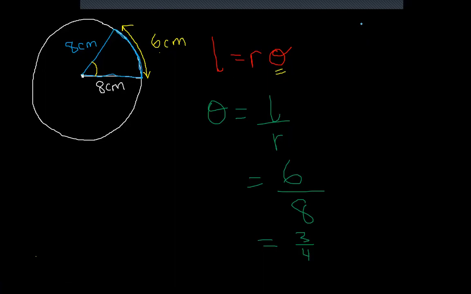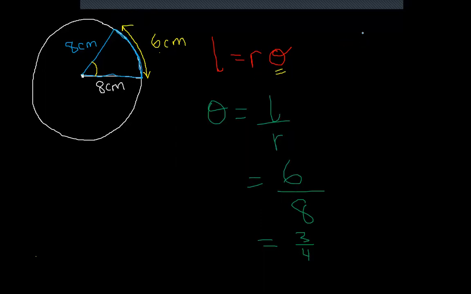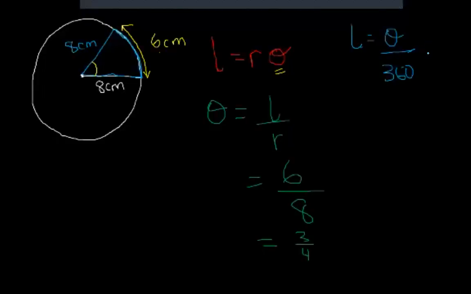What was I saying? So for the one with degrees, L is equal to theta on 360 multiplied by 2 pi r.